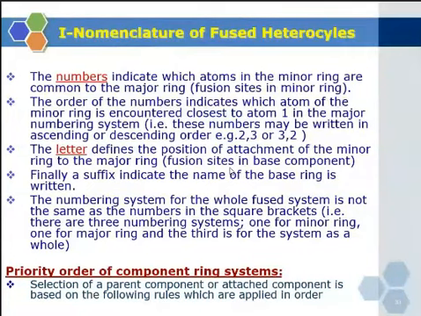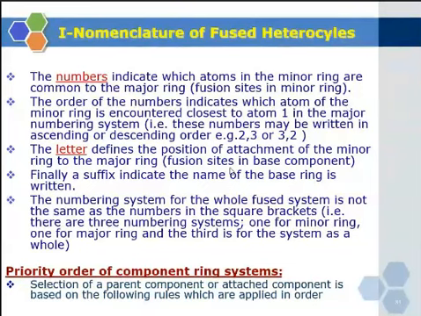As we have already said, one ring is considered as the major ring and the second is considered as the minor ring. Within the bracket, we saw number as well as number letter. What does that number indicate? The number indicates which atoms in the minor ring are common to the major ring, or the site of fusion in the minor ring.